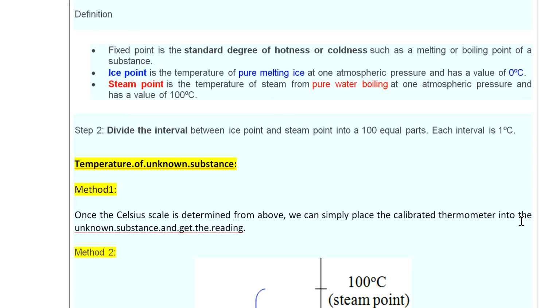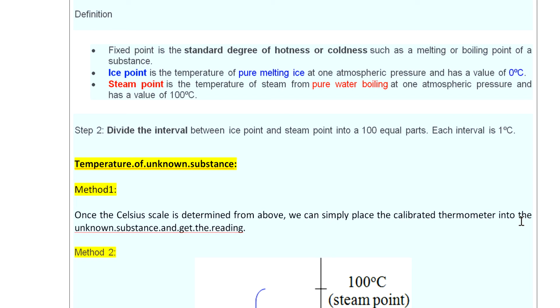So if we consider any material, for example water, we take its 0 degrees Celsius, the melting state, as one fixed point, and the boiling state, 100 degrees Celsius, as another fixed point.